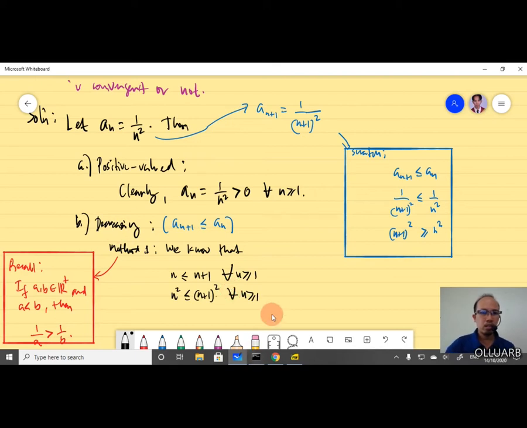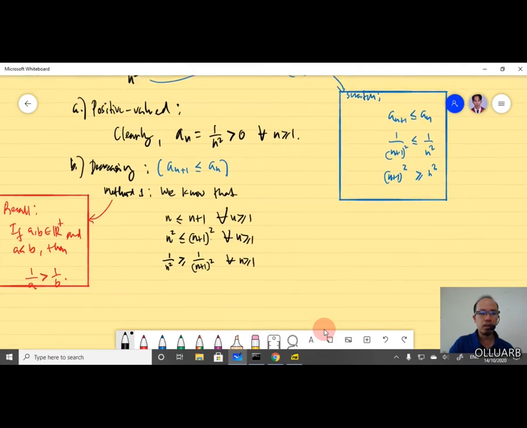Then we know that 1 over n squared is clearly greater than 1 over n plus 1 squared for all n greater than or equal to 1.